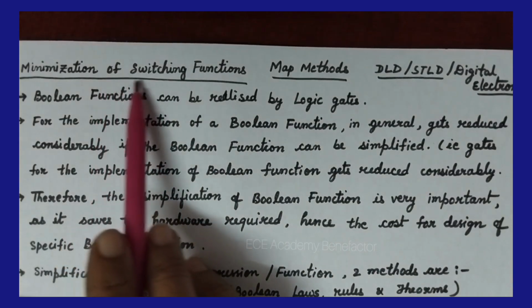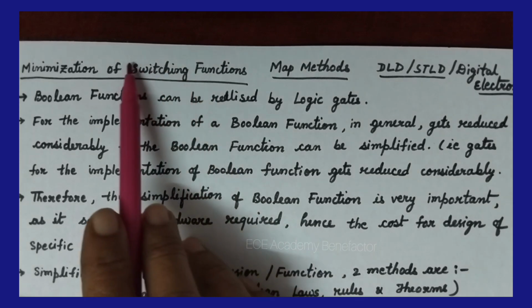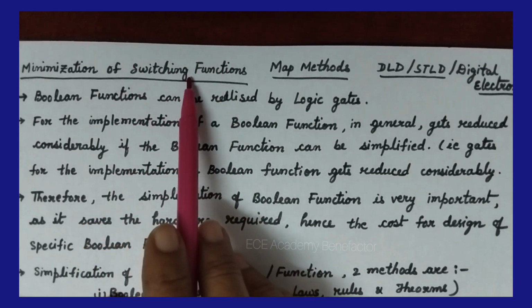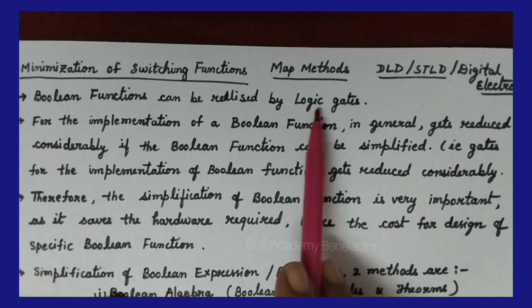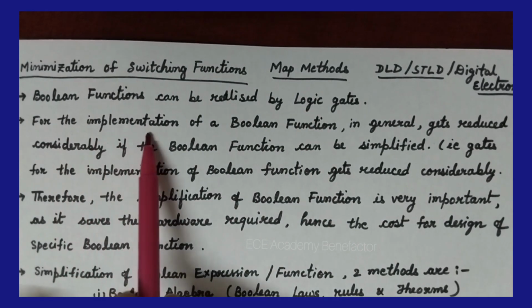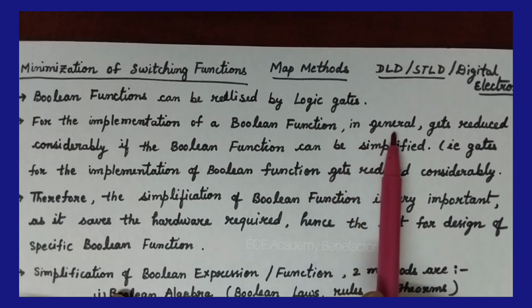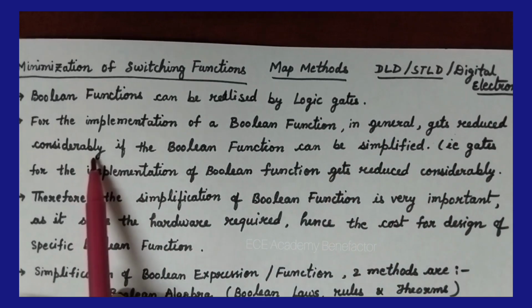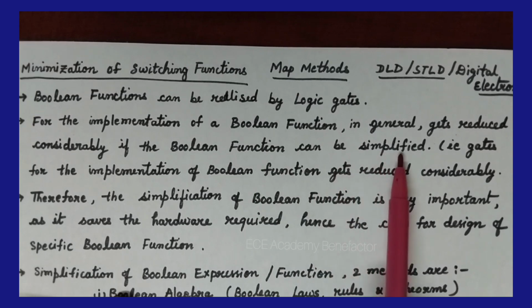So why do we need the minimization of switching functions or Boolean functions? Because the switching or Boolean functions are realized using logic gates, which should be minimum. The implementation of a Boolean function in general gets reduced considerably if the Boolean function can be simplified.